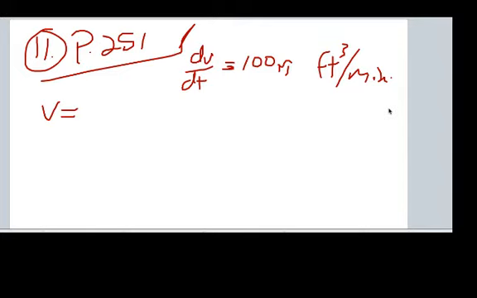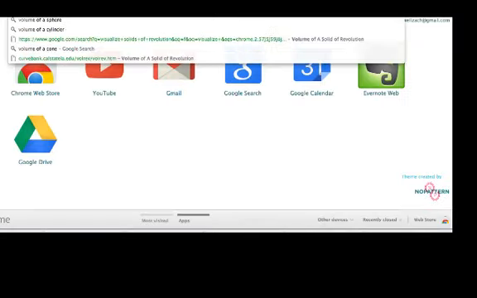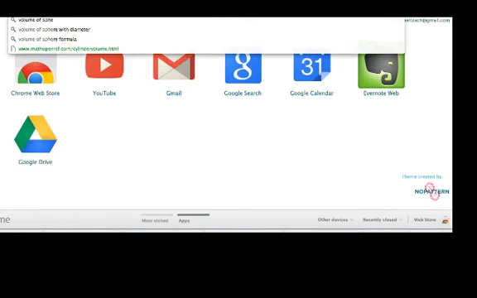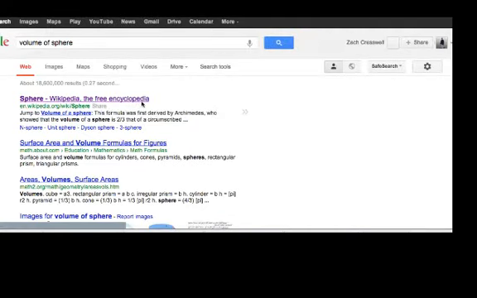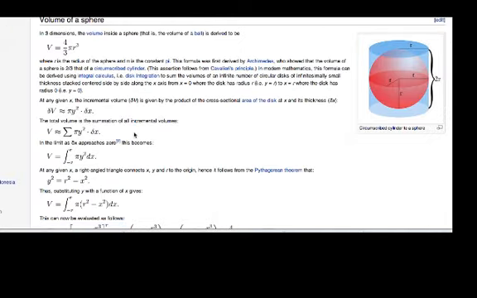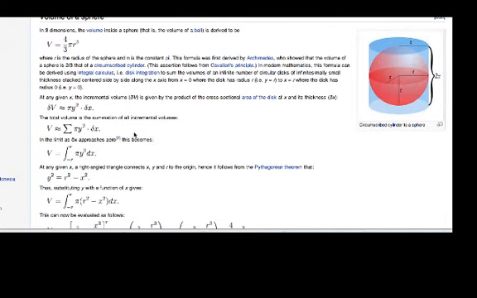Alright, so I need an equation that relates volume of a sphere. I think volume of a sphere, does anyone have that real quick? And I'll give you all these tomorrow. Volume is 4/3, oh no, 4/3 pi r cubed. Okay.